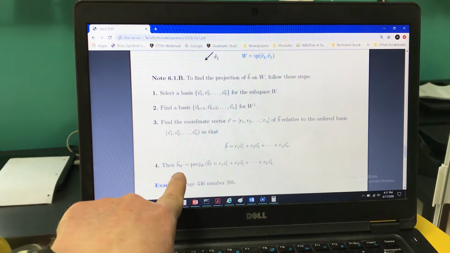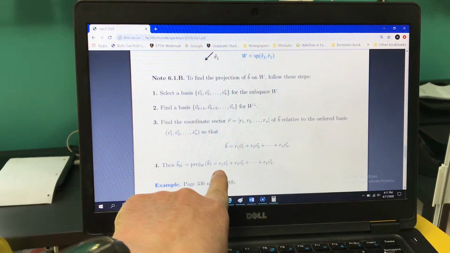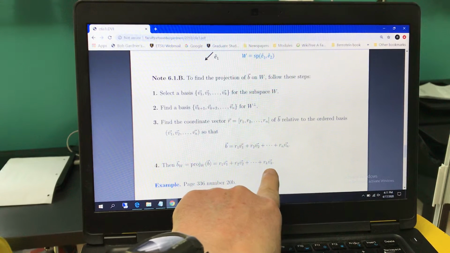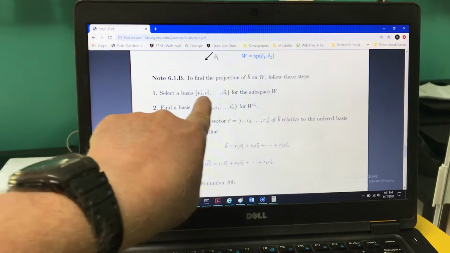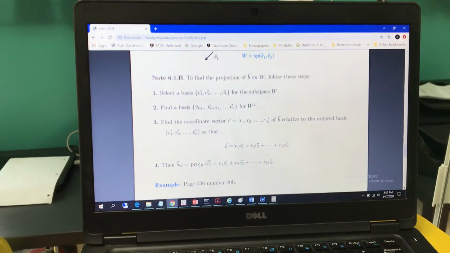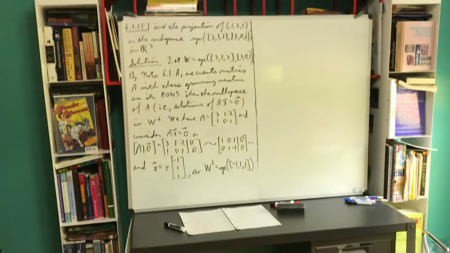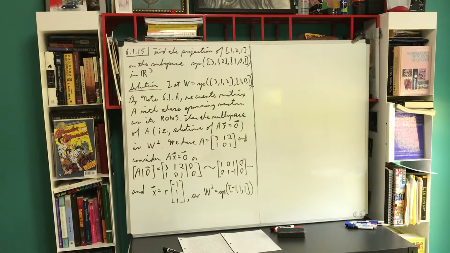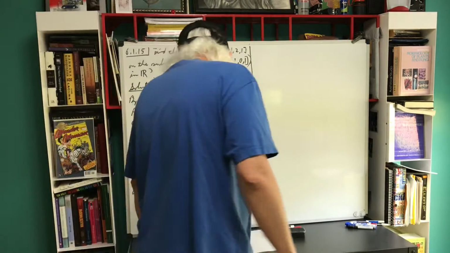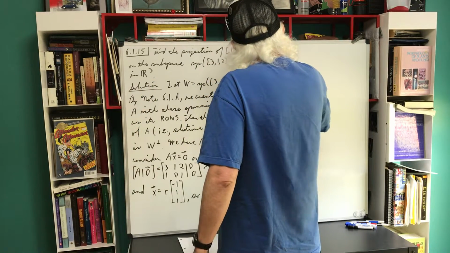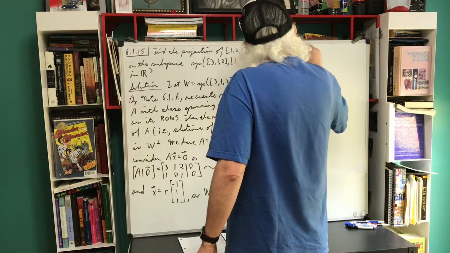Then for the projection that we're looking for, we'll take those coefficients times the vectors V1 through V sub k, where V1 through V sub k are the basis vectors for the original space W. Okay, so here's what we're up against here.